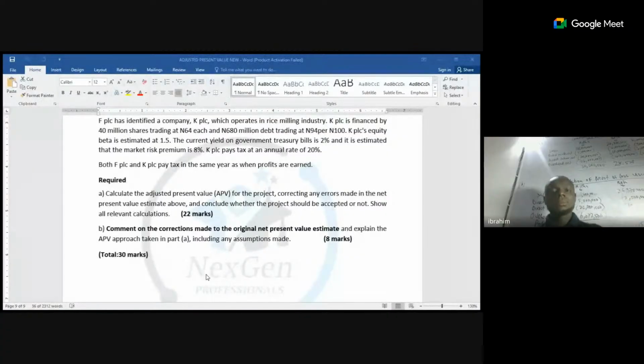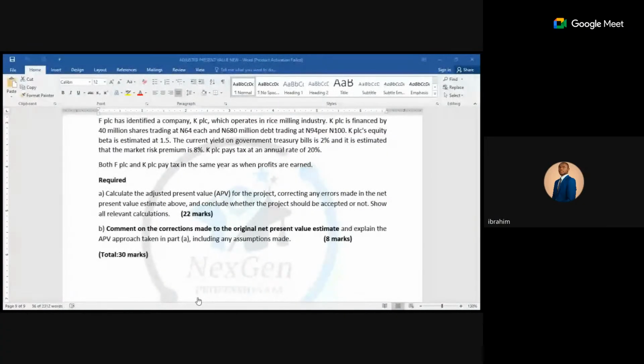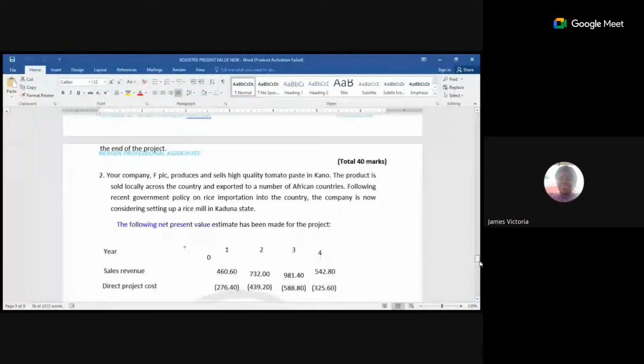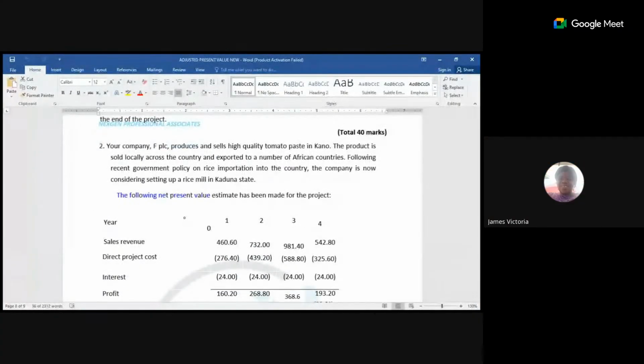Please, you can go ahead. Your company, FPLC, produces and sells high-quality tomato paste in Kano. The product is sold locally across the country and exported to a number of African countries.